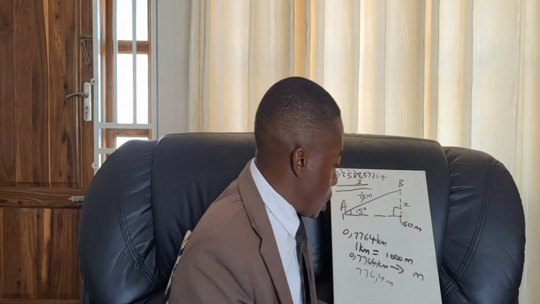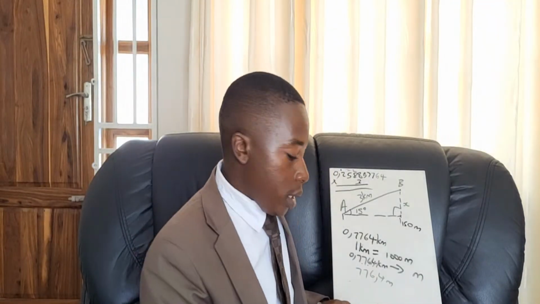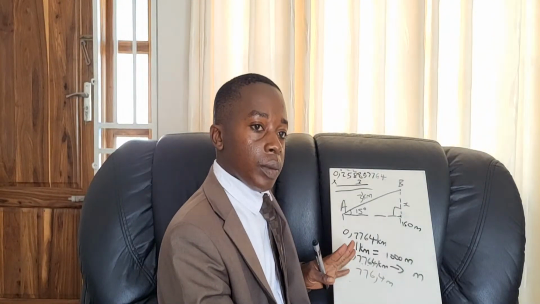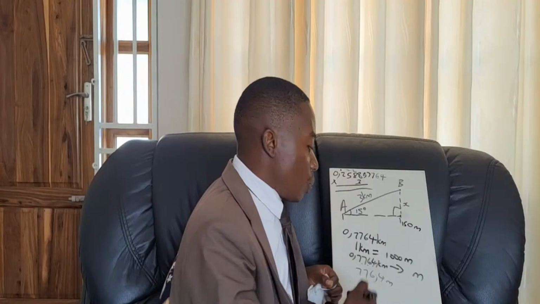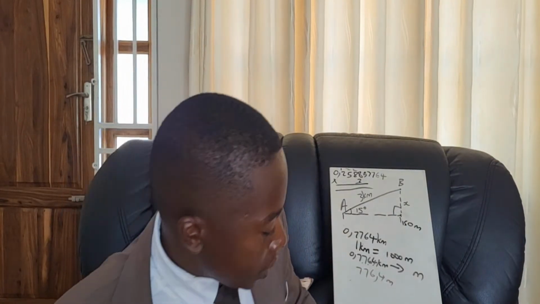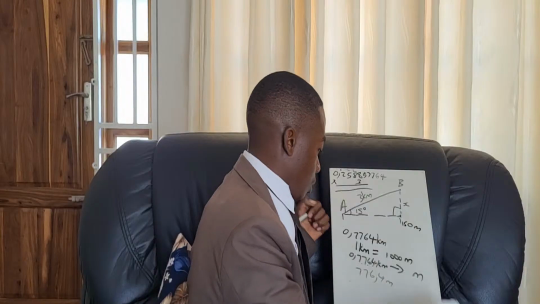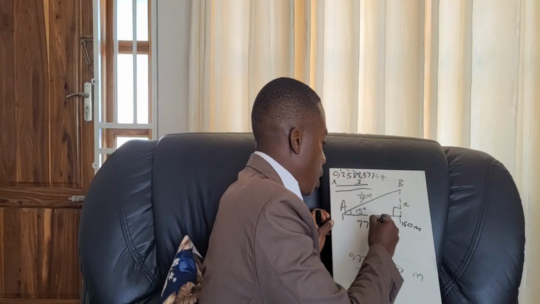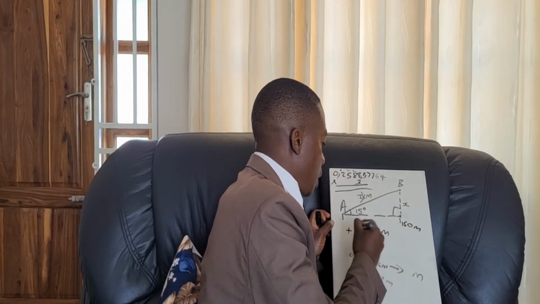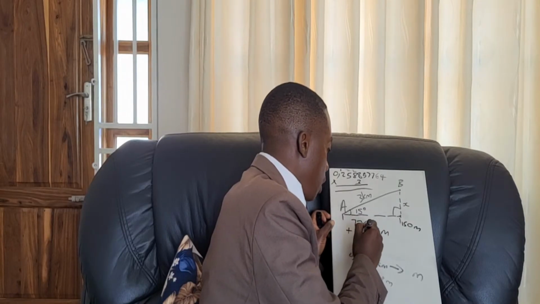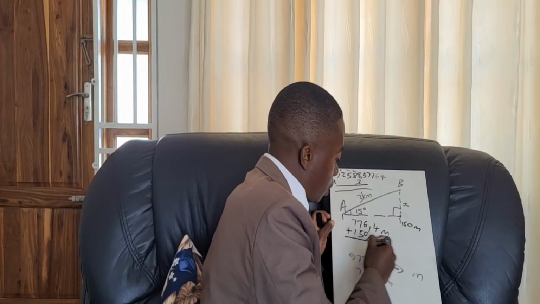So for us to get the height, I want you to bring it. Is this clear? Yes. So we are going to say this plus 150. We're going to say 776.4 meters plus 150.0.